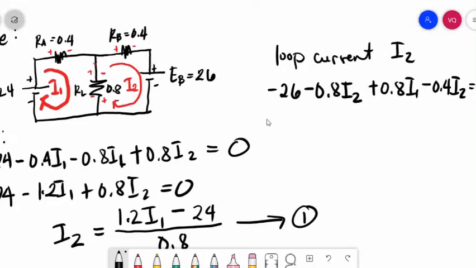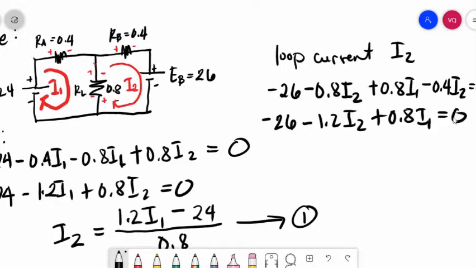Simplifying this equation, we will have negative 26, and 0.8 plus 0.4, we have negative 1.2 I2 plus 0.8 I1 is equal to 0. So this will be our equation 2.